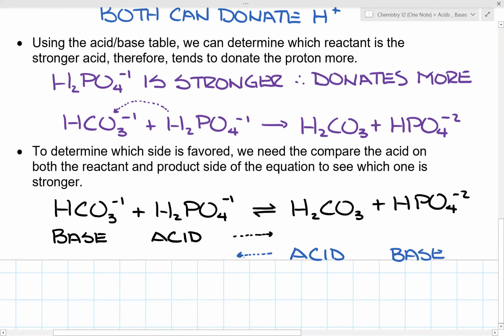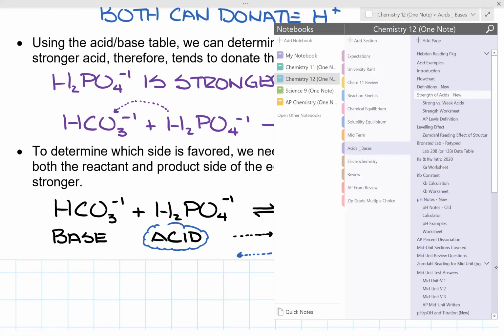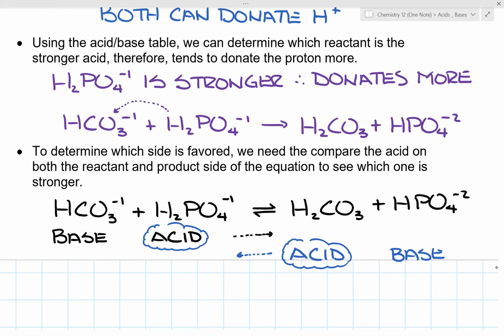So now what we need to do is compare the acid for the forward direction and the acid for the reverse reaction. So again, using the table, what we have to do is take a look at our acid-base chart and do a comparison of the acid in the reactant and the acid in the product.